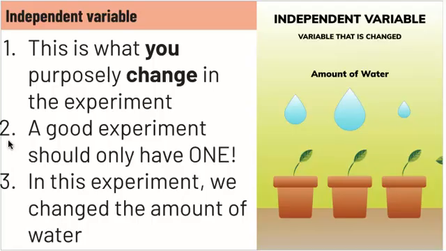As the scientist, I get to decide that the middle plant will get the most water, the plant on the right will get a very small amount of water, and the plant on the left would get a medium amount of water. So I get to control how much water each plant gets.